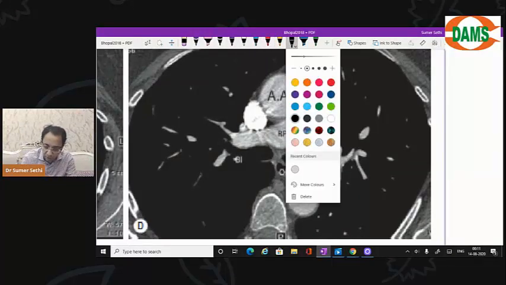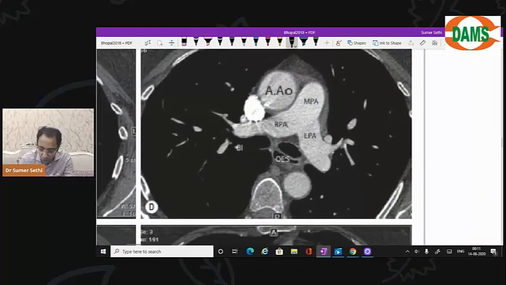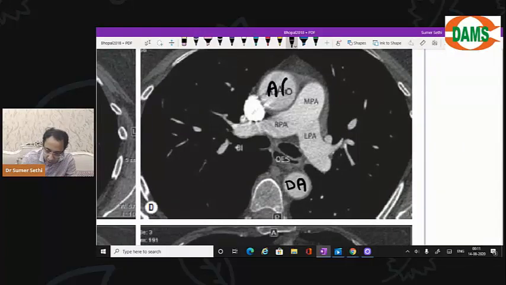Now when we go down further, again the aorta right next to the vertebra is the descending aorta, and anteriorly placed is the ascending aorta. This is your main pulmonary artery, shaped like an inverted Y, dividing into right and left branches.